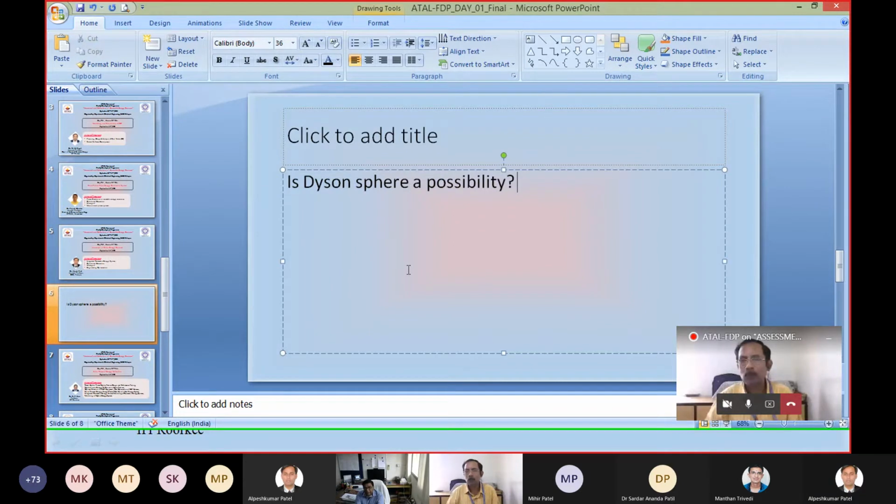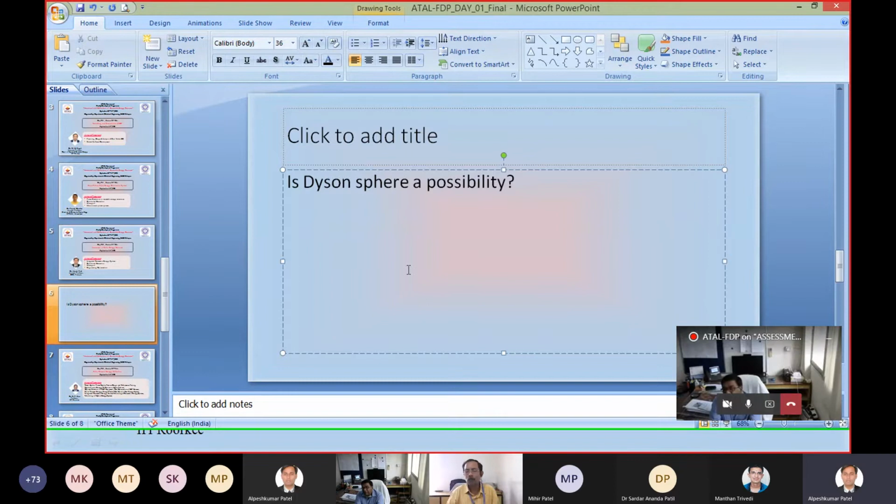Is Dyson sphere a possibility? Can it be made? Yeah, I think the possibility is there, but again you have to think about the efficiency and the cost. Yes, you can work on that, but I have not come across this aspect.